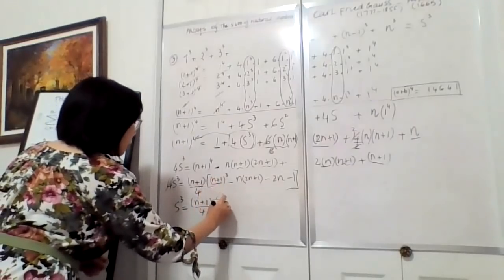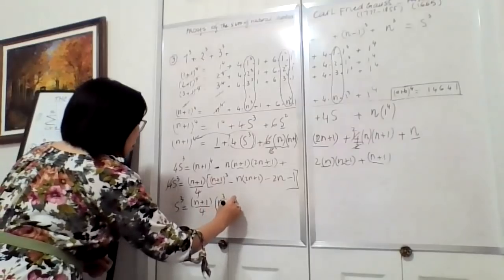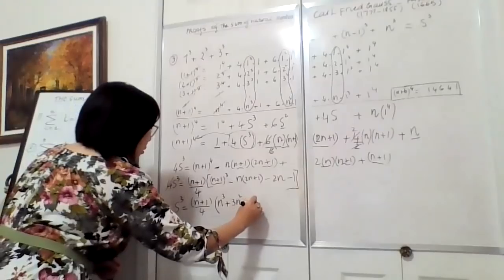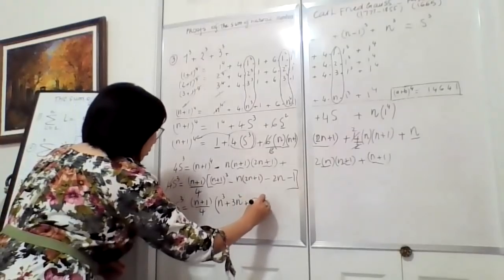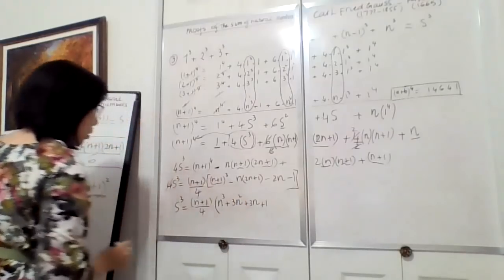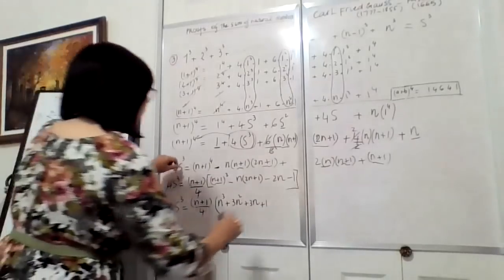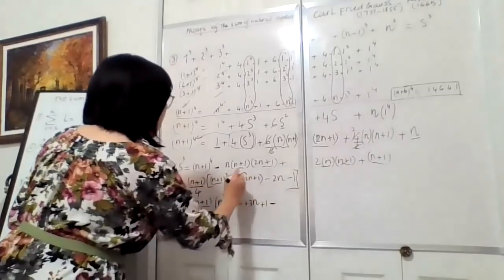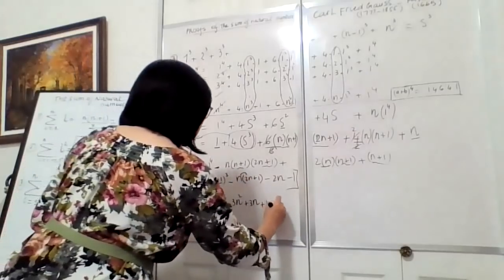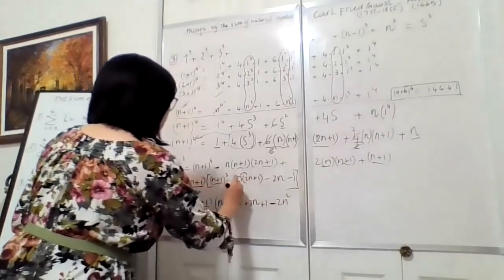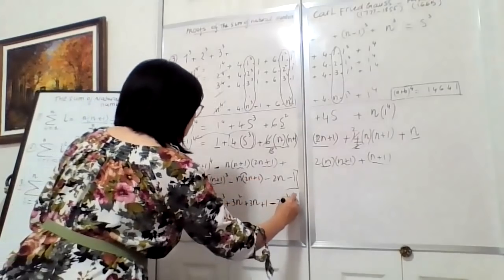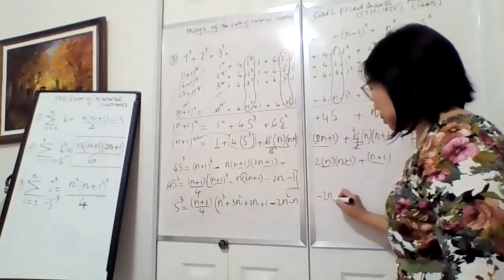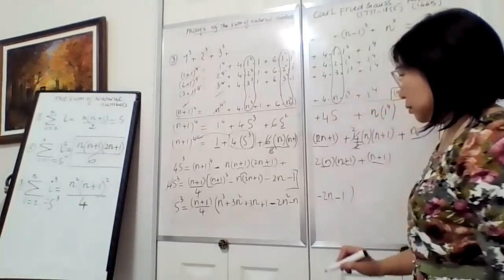So that becomes n to the power 3 plus 3n squared plus 3n plus 1. So that's the first term. And the second term will be n times 2n, which becomes 2n squared minus n. And minus 2n minus 1.